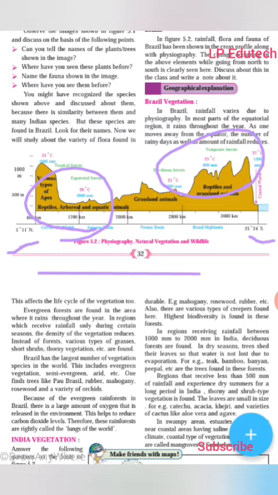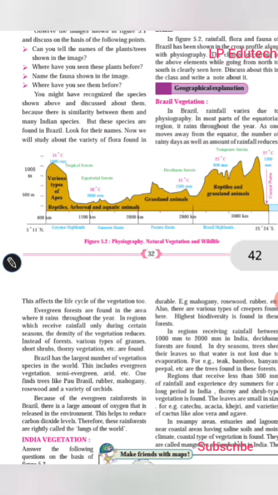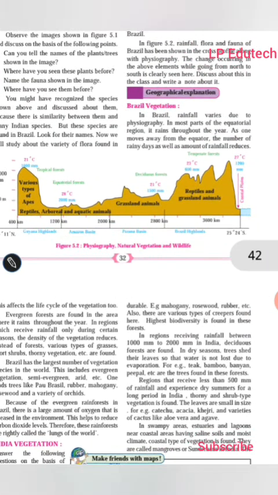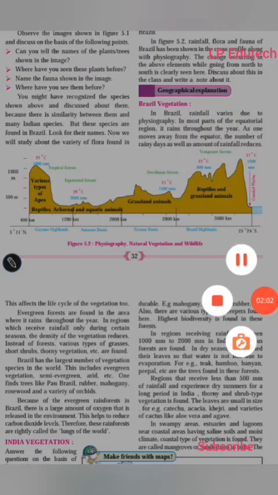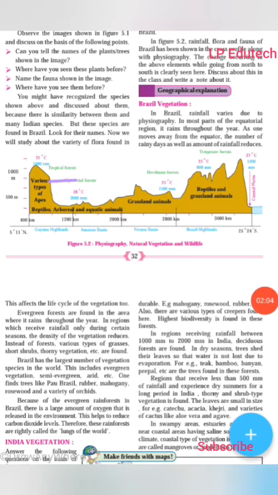We can also see the type of forest mentioned here: tropical forest, equatorial forest, as well as deciduous forests, then temperate forest, and the temperature is also mentioned.